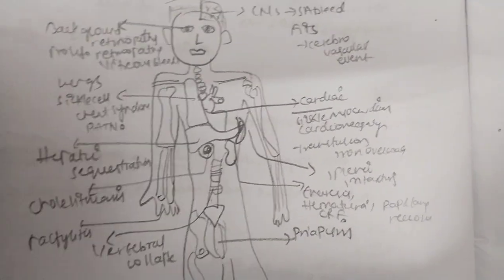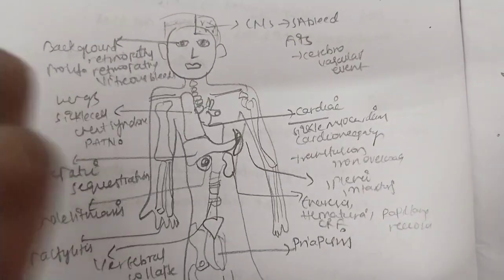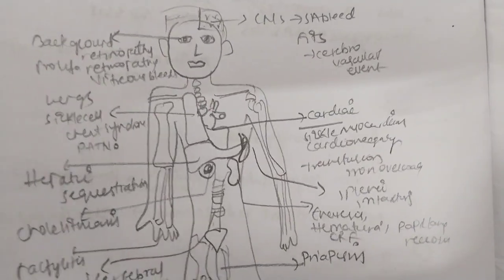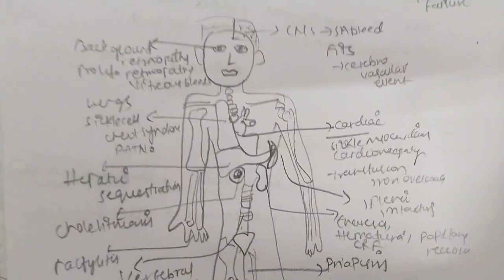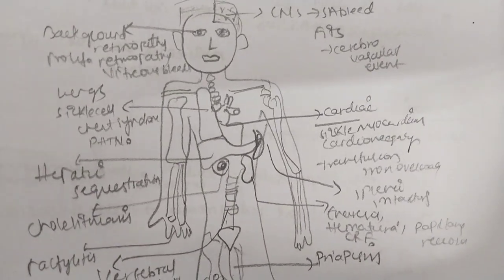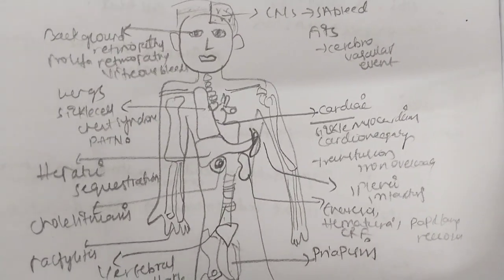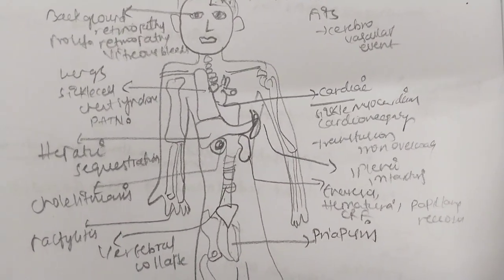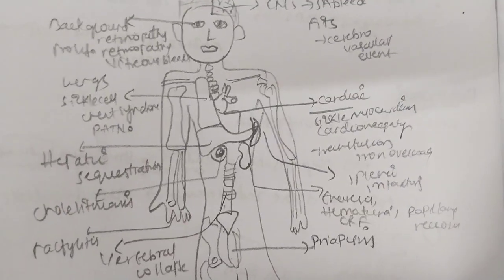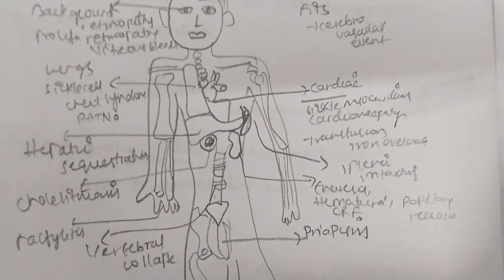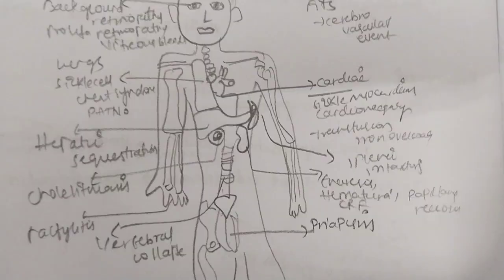To understand how these effects occur, why there is stroke, why there is bleeding, why there is vitreous bleed, why there is retinopathy, why there is sickle cell chest syndrome, why there is arterial hypertension, why there is hepatic sequestration, we need to understand these effects.